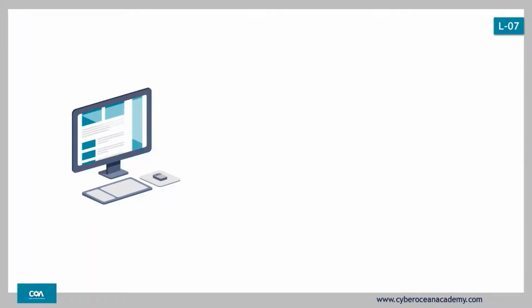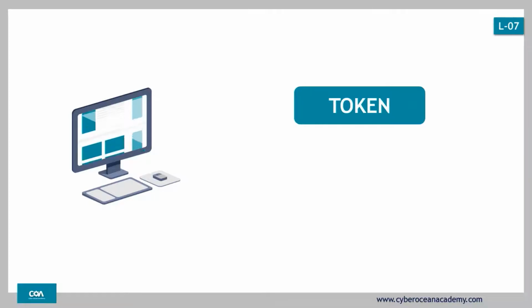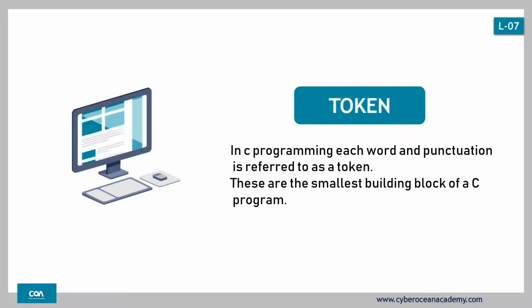These punctuations and words are known as tokens in C programming. So we can say that in C programming, each word and punctuation is referred to as a token, and these are the smallest building blocks of a C program. And the compiler breaks a program into tokens and proceeds through various stages of compilation.